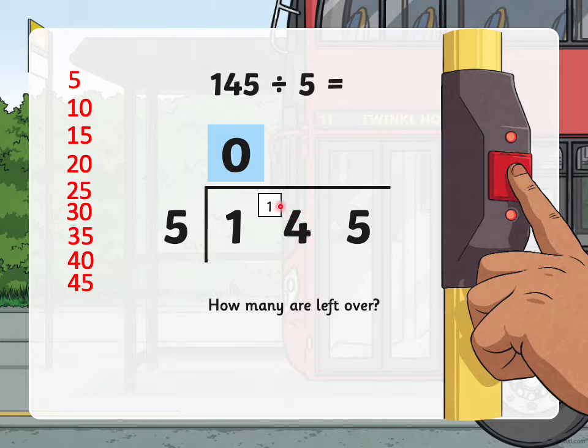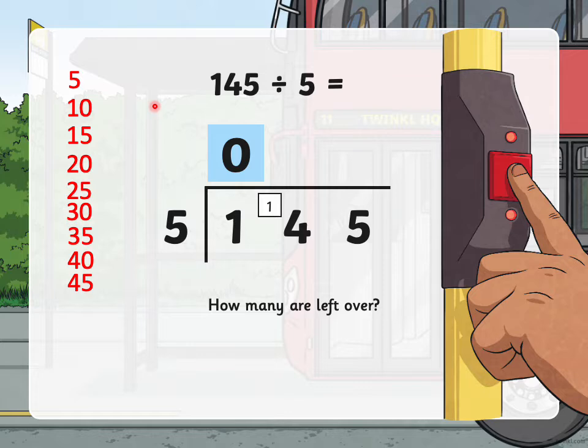Now we have 14. 14 divided by 5, so 14 is not in table 5. But what is the closest number in table 5 that is less than 14? The closest number we can divide is 10.